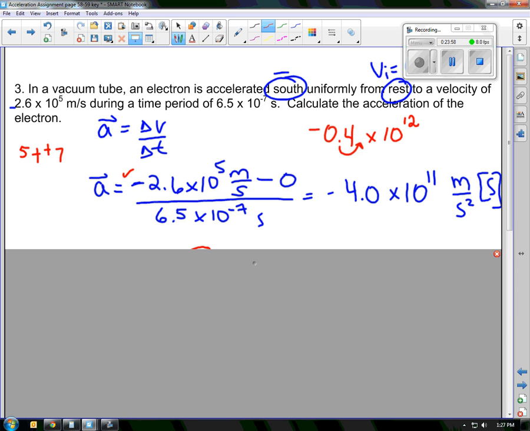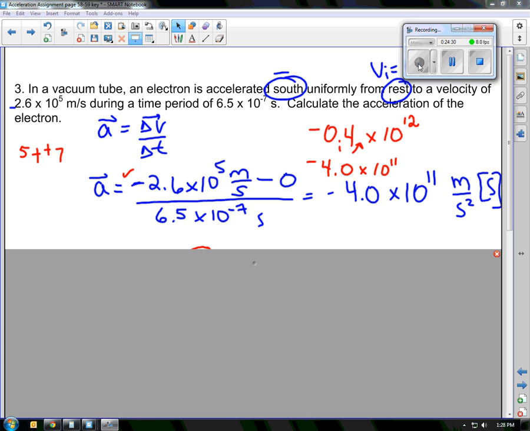So we'd write that as 4.0, because we need 2 significant digits, times 10, and since we moved that decimal place 1 to the right, that exponent gets smaller by 1. So it's negative 0.4 times 10 to the 12, or 4.0 times 10 to the 11 south.